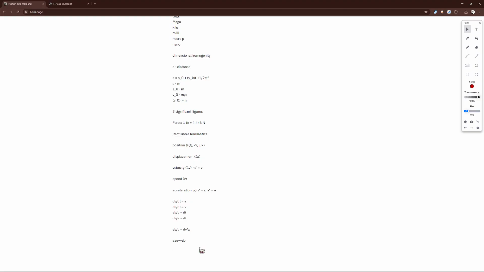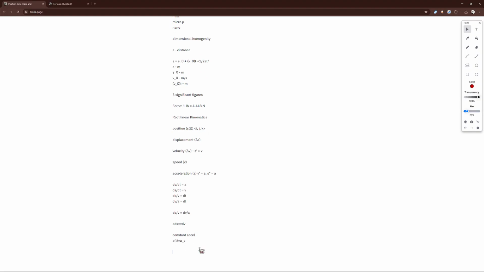Okay? Now, we're going to start off with constant acceleration. So that means a as a function of t is just equal to a, or a sub c for constant. C is constant. That's what we're starting with. Just constant acceleration. All right? So there are three equations that come with constant acceleration being what is in the question.